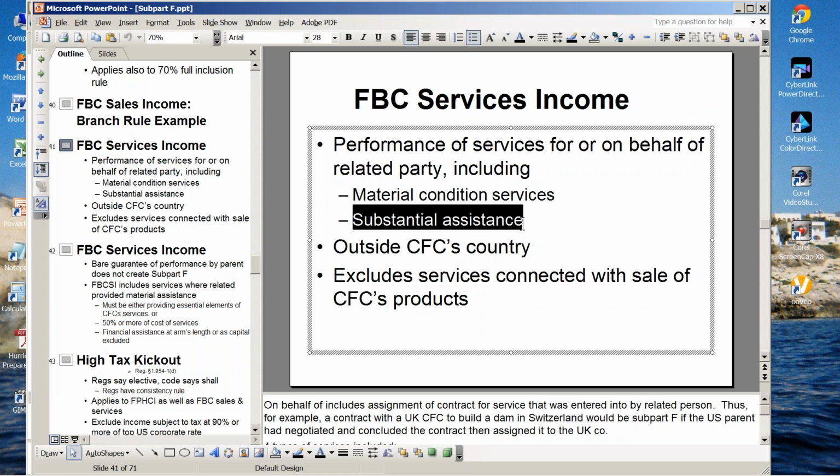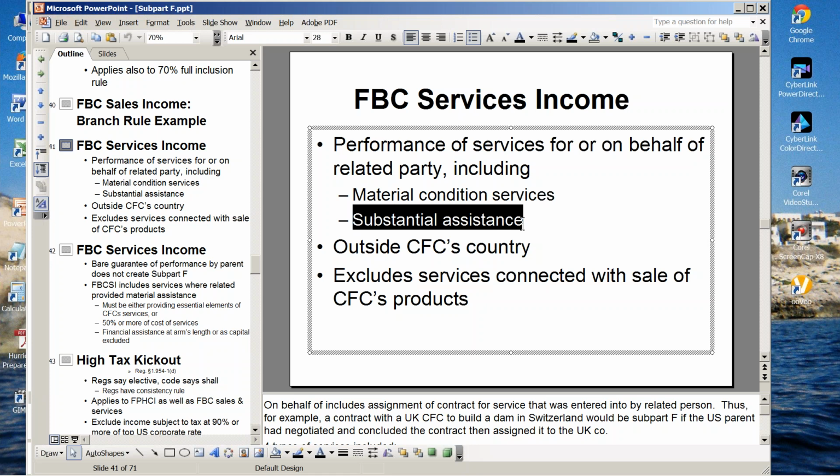I'll give you an example on substantial assistance. Let's say I've got a subsidiary in Switzerland with 100 engineers. It contracts to do a big engineering project in Africa.